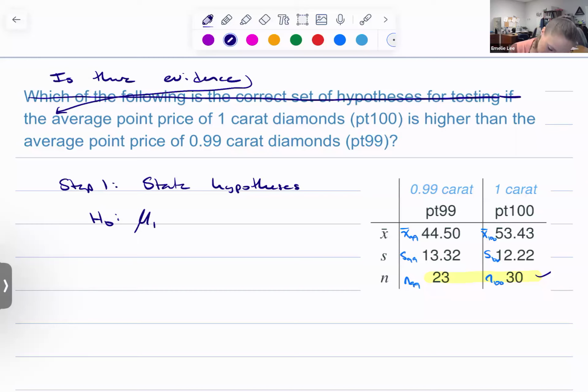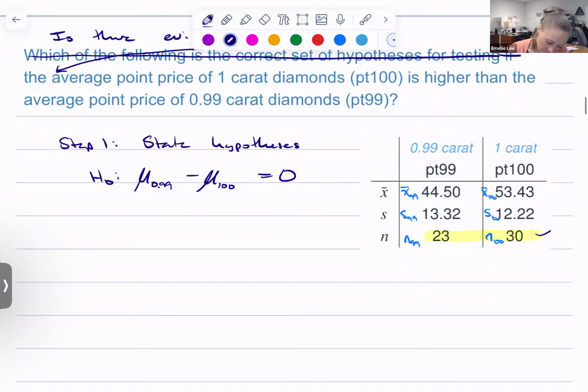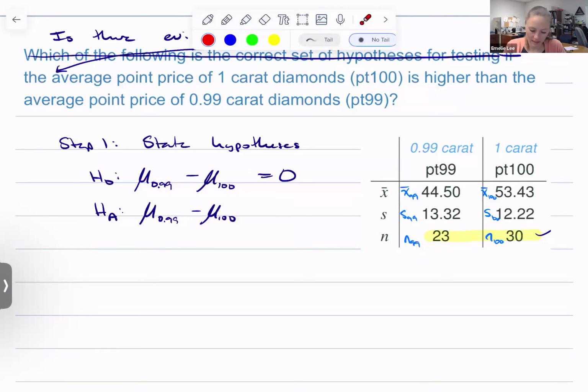Mu of, and I'll use 0.99 minus mu 100. Well, I have to assume that they're the same until I have proof otherwise. So my alternative hypothesis is going to be mu 0.99 minus mu 100. How's it going to relate to 0? This is one of those tricky ones where we have to think about it a little bit.